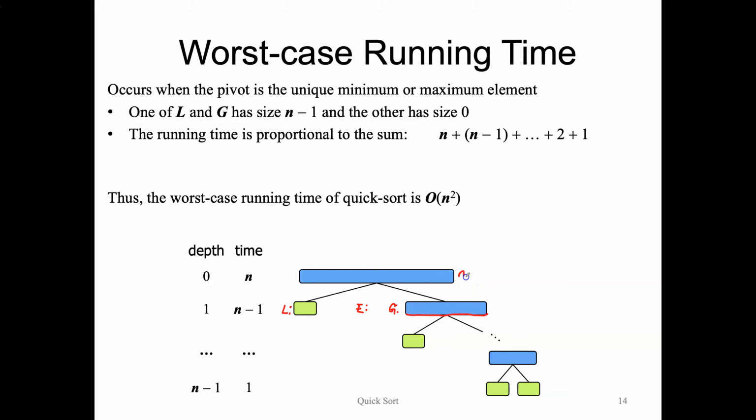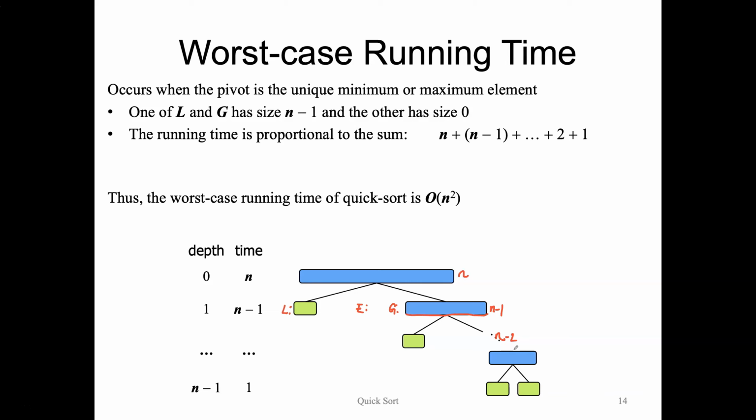So we start off with n items, and then we remove our one pivot, the unique minimum, and we end up with n minus 1 items. Then maybe we're unfortunate, we pick the unique minimum again, and we're left with n minus 2 items, in which case every time we make a recursive call, we only decrease the size of our list by 1.